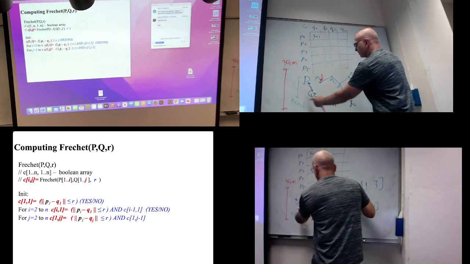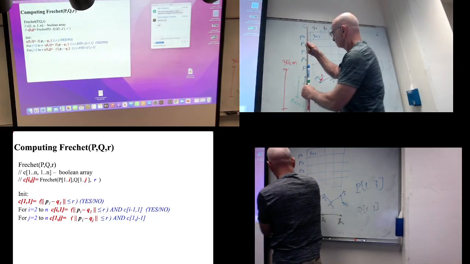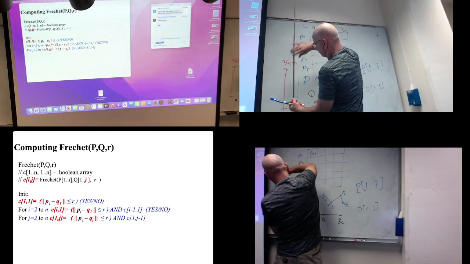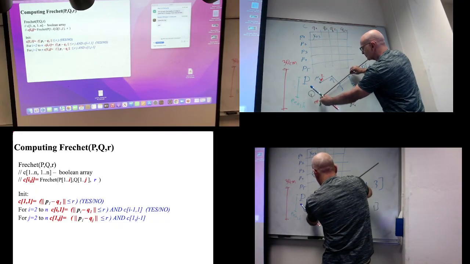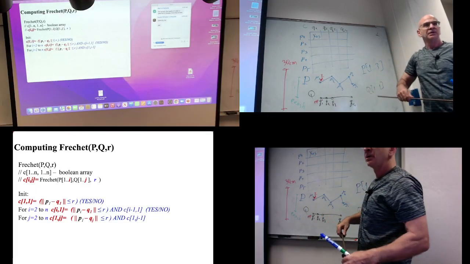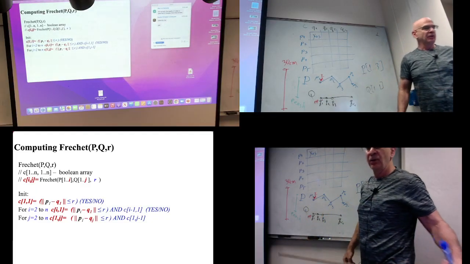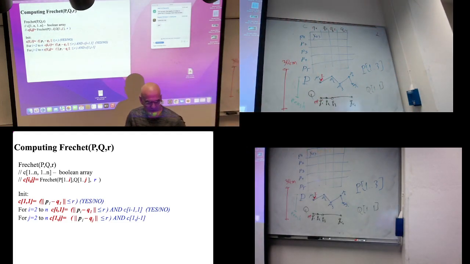So in particular, if you see this distance is larger than the distance between any point of P and any point of Q. Can you tell me what the table will look like when I'm done? For this particular leash, it's a very long leash with respect to P and Q. What will the table look like when I'm done?